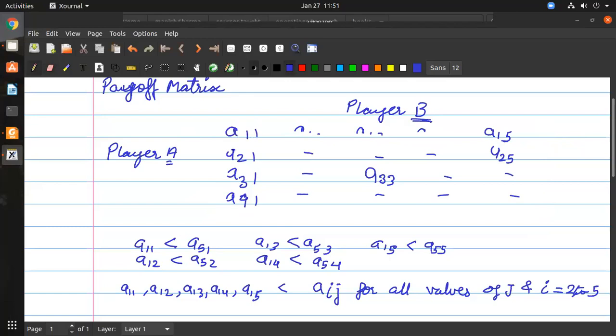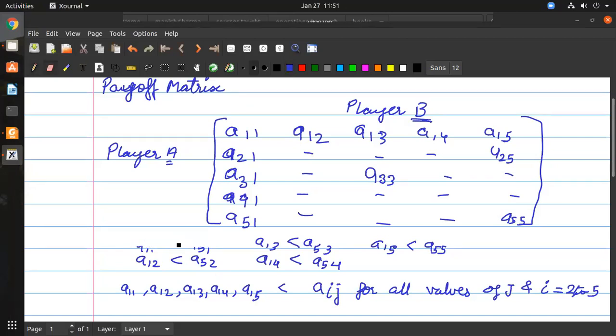So this is A11, A21, A31, A41, A51, A12, A13, A14, and so on. Shall I write everything or is it understood? I think it is understood now. Yes, sir.